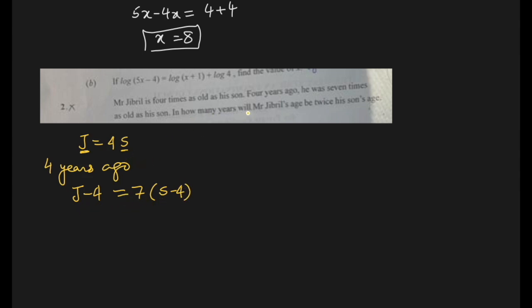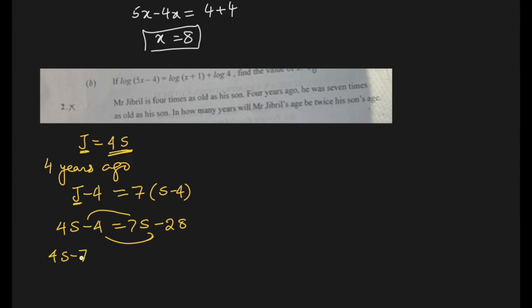Okay, in how many years will Mr. Gabriel's age be twice his son's age? So let's find this first and then we'll find the answer of the last part. So J is equal to 4S. So let's substitute J by 4S: 4S minus 4 equal to 7S minus 28. Just like the previous question, I will collect S's on one side and numbers on one side.